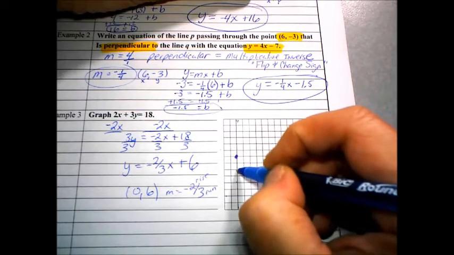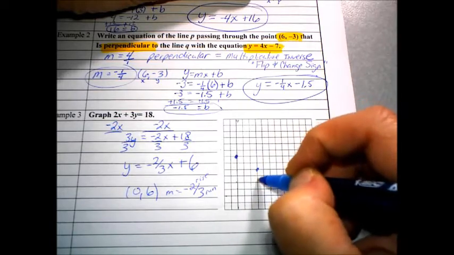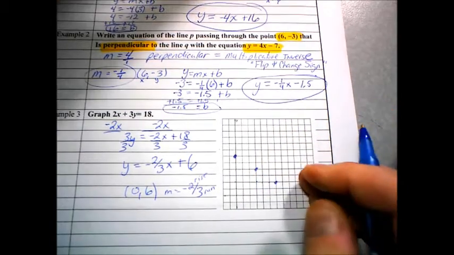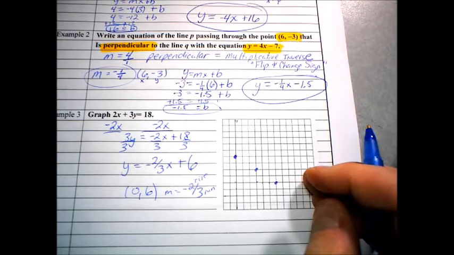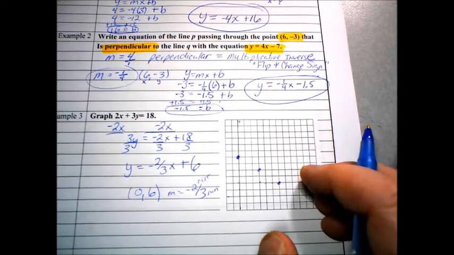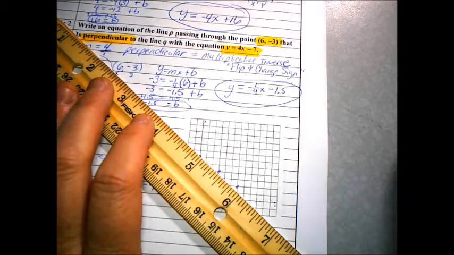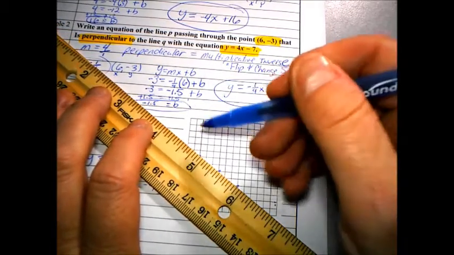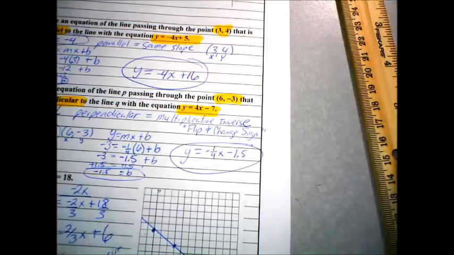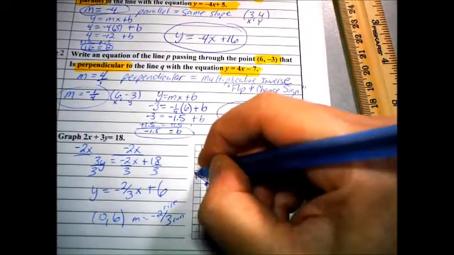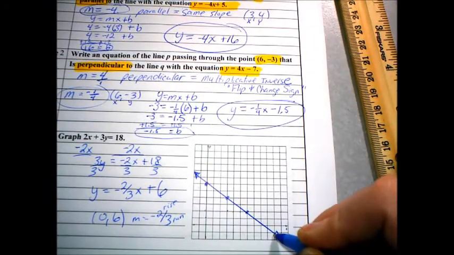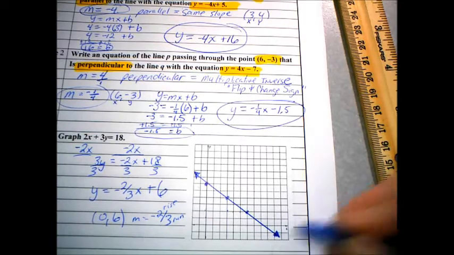Negative 2 says down 2 and right 1, 2, 3. And then I need a straight edge, which I don't have. There's one. Okay. And there's my equation. Make sure you put arrows on the end so that it shows that it is continuous and not discrete.